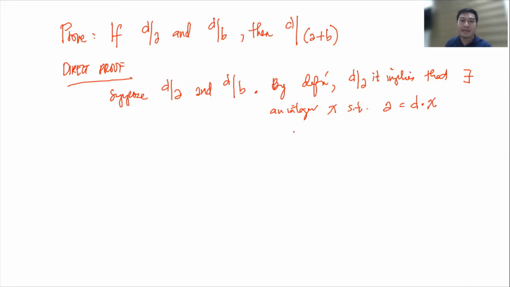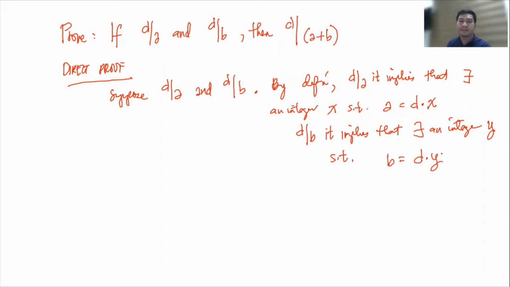In same way, if you have D divides B, it implies that there exists an integer. We can have y such that B is equal to D times y.